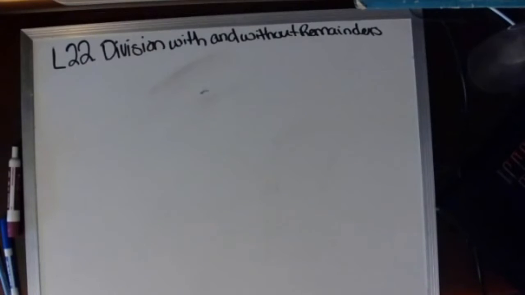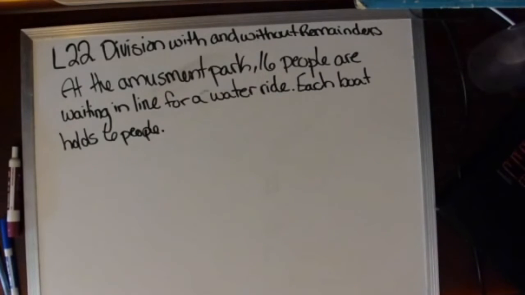Now, let's take a look at one of our questions. Here is one of the examples, and it has 3 different questions in your book that go with it. I will read out the question and we'll figure out each question as we go. Question A, what is the least number of boats that are needed for everyone to ride? Well, the amusement park has 16 people waiting in line for the water ride, and each boat holds 6 people, so we need to figure out how many boats will carry 16 people.